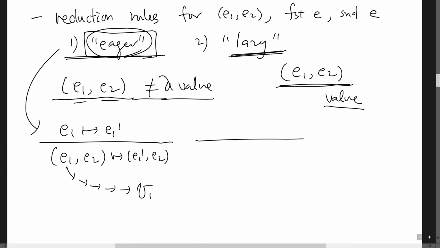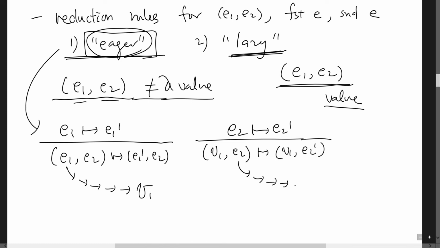So in that case, we have V1, E2. Now suppose that expression E2 reduces to E2 prime. Then we reduce the whole pair into V1, E2 prime. So if everything goes okay, this expression E2 will also produce another value V2, in which case we generate this value V1, V2 paired together.